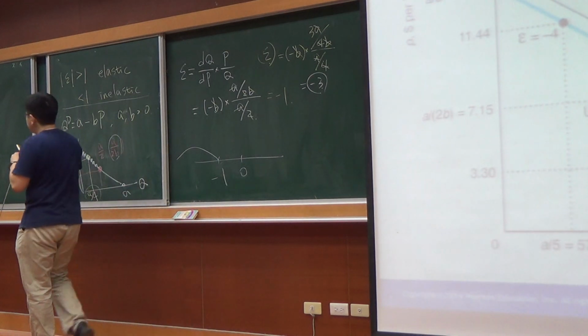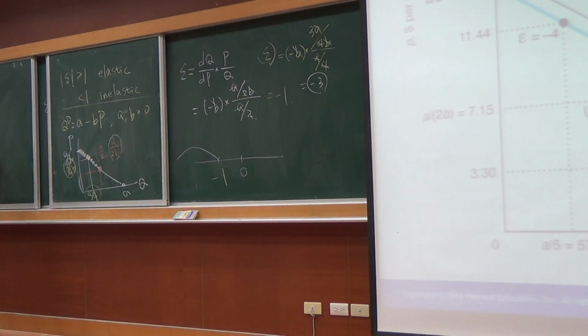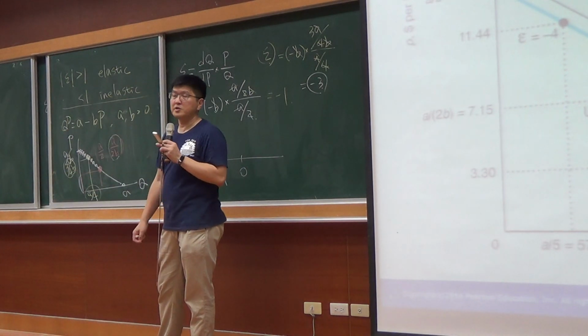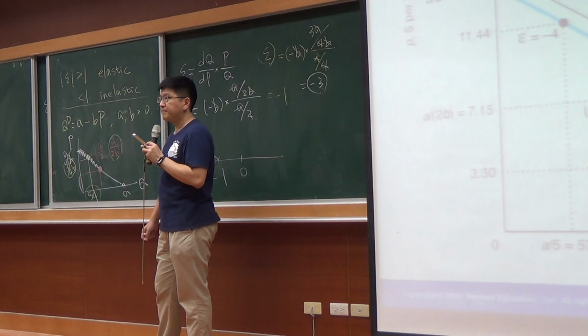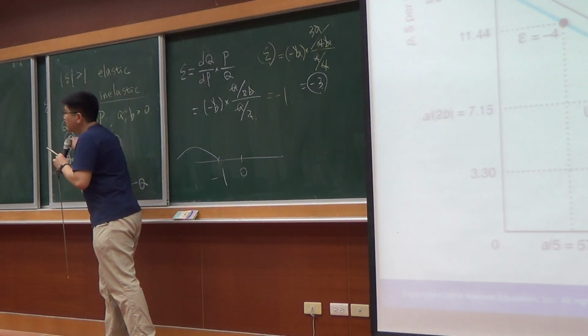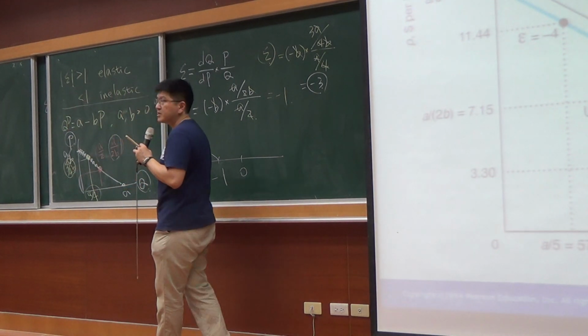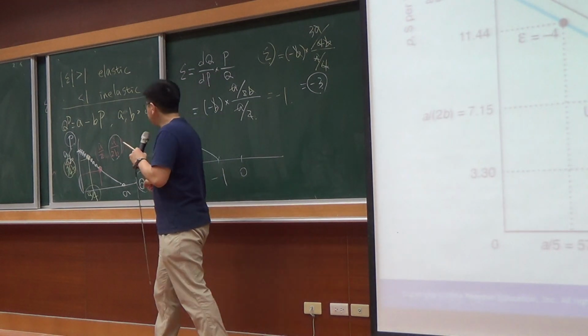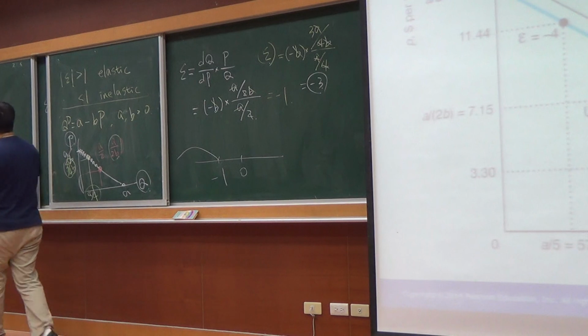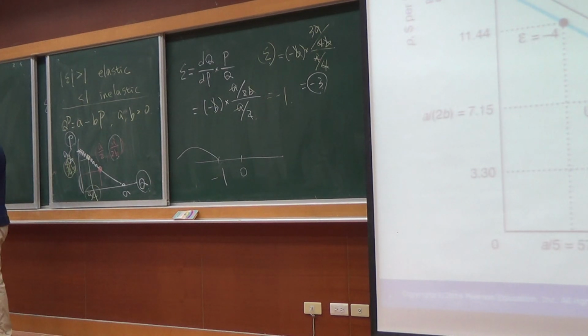Actually, it is the inverse of the slope if we denote slope as m. Because the vertical variable is p and the horizontal variable is q, right? So we differentiate the horizontal with respect to the vertical. It should be 1 over m, 1 over the slope.